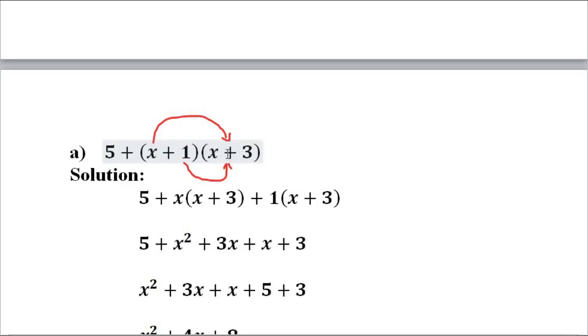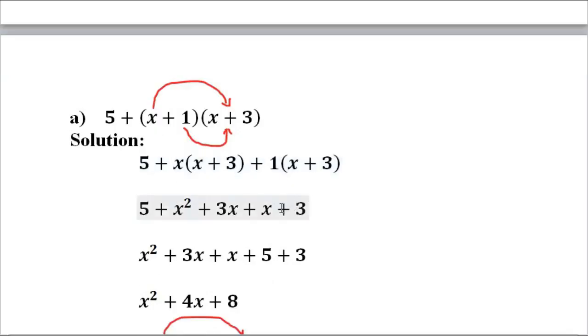This gives us 5 plus x times (x plus 3) plus 1 times (x plus 3). Next, distribute x to the x and to the 3.